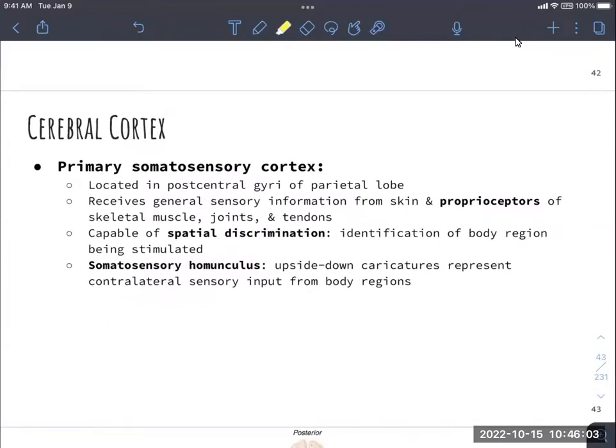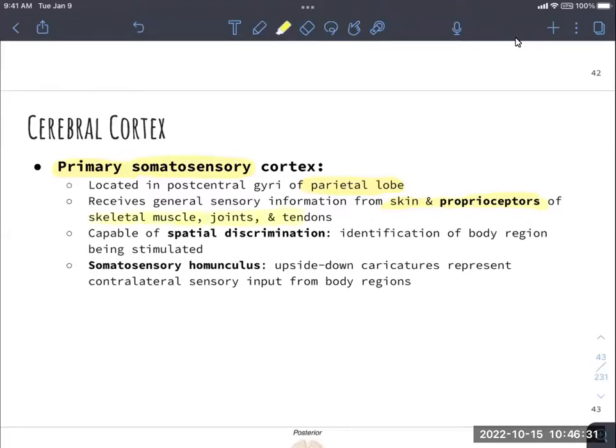So just like the motor cortex was in the frontal lobe, the primary somatosensory cortex is in the parietal lobes. And that's where we receive information. Your skin, proprioceptors. Those are some of those neurons that help determine what's going on.